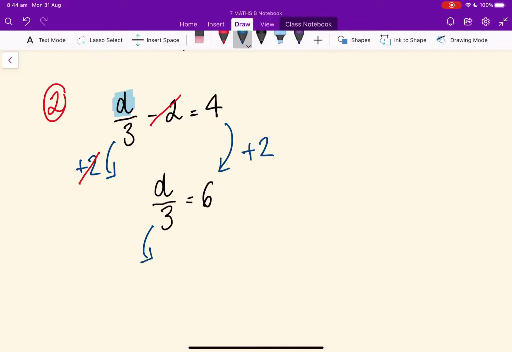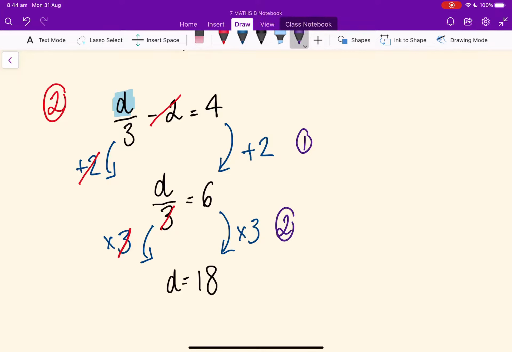So I'm going to multiply both sides by 3. Okay, that allows me to get rid of my 3 on this side. Then I get d equals 6 multiplied by 3, which is 18. Okay, that's my answer. And again, one step, two step, done.